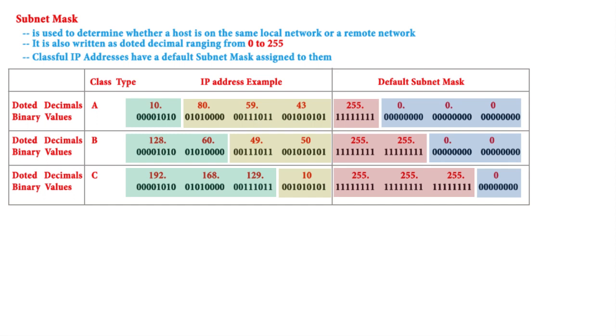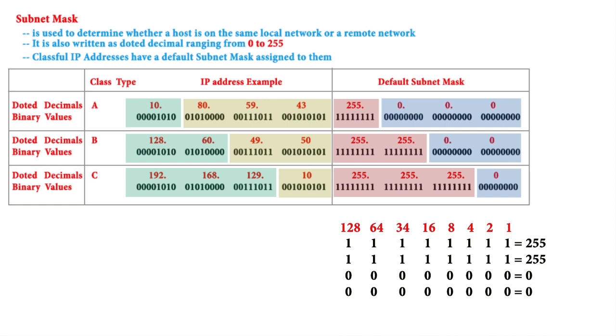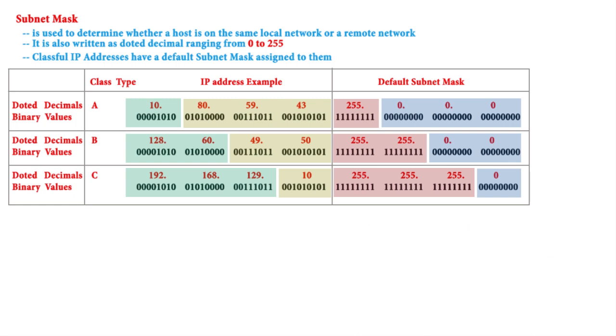Similarly, for the Class B address, 16 bits are used as the network address and the remaining 16 bits are used as the host address. And converting this to decimal, we have 255.255.0.0. Therefore, we can conclude that this part is the network ID and this part is the host ID.